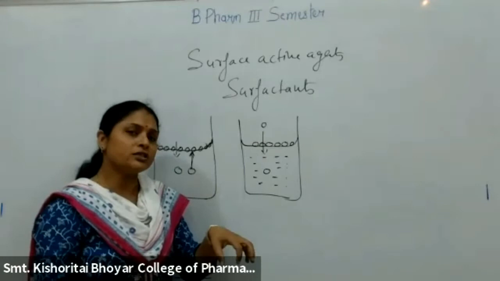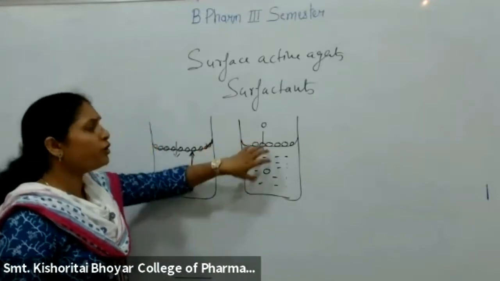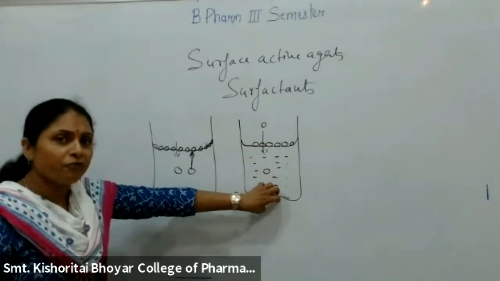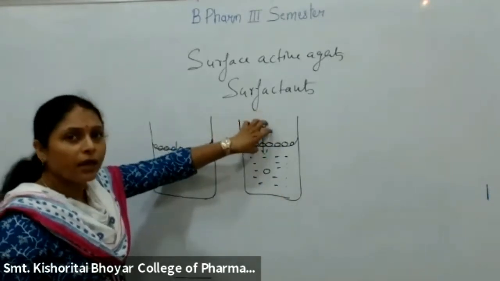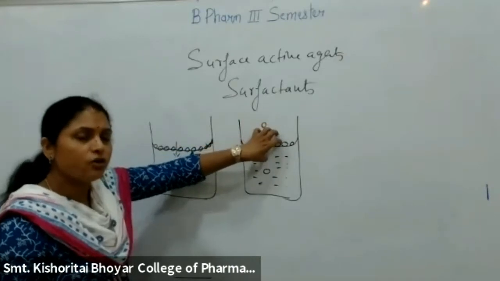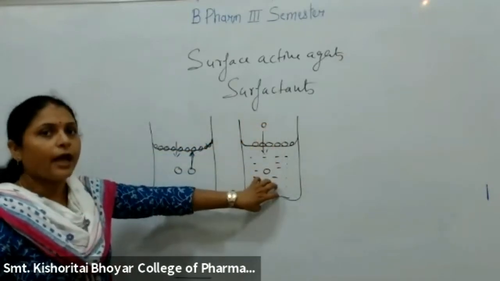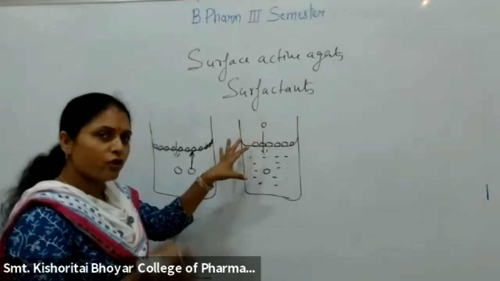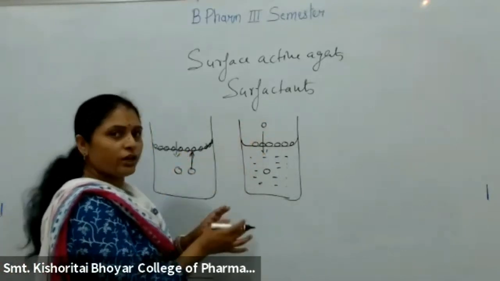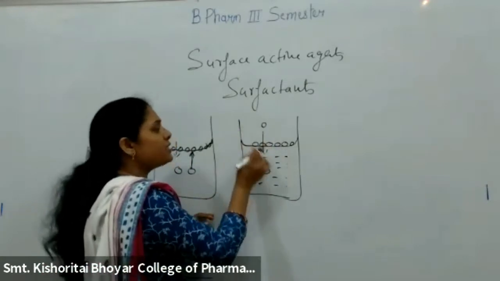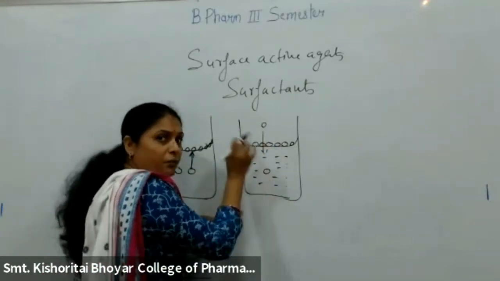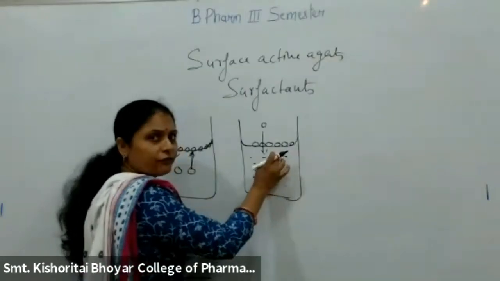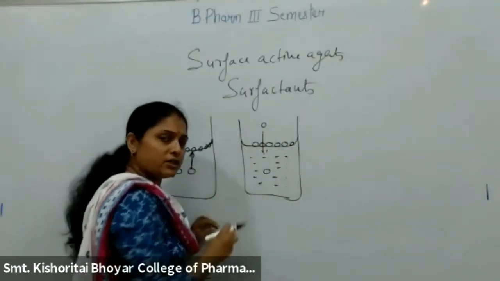When you are adding them into a system, they will prefer to remain at the surface instead of going into the bulk. And what this is because of, we will discuss later. So initially, when we are adding this, instead of going into the bulk, they prefer to remain at the surface. When they prefer to remain at the surface, definitely they are going to cover the surface.